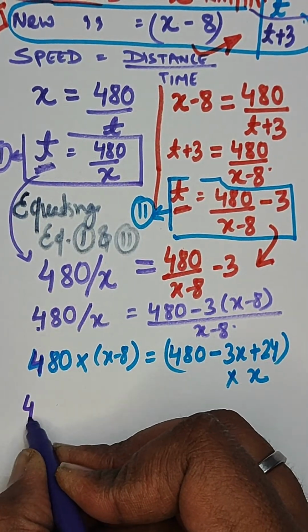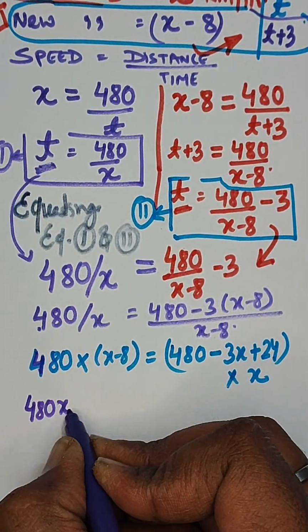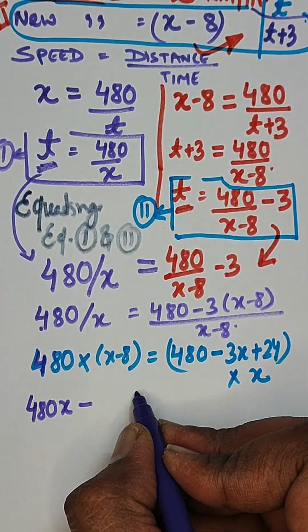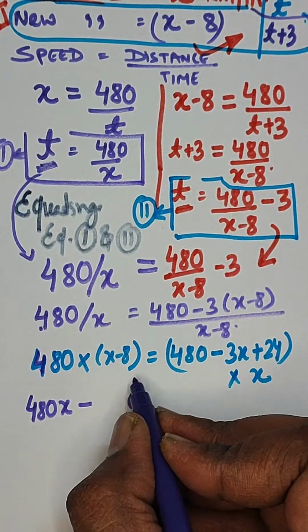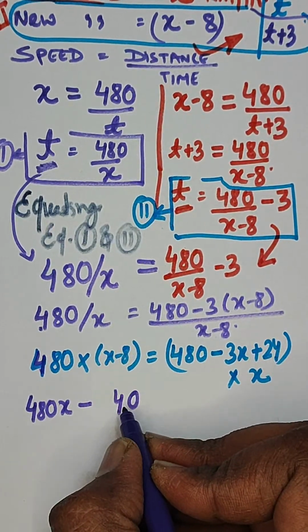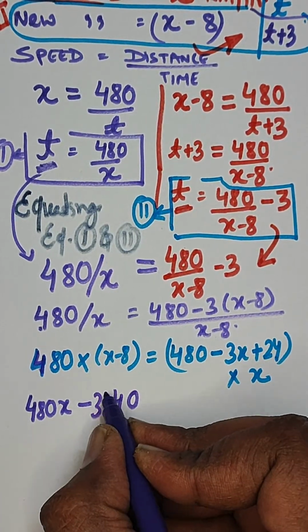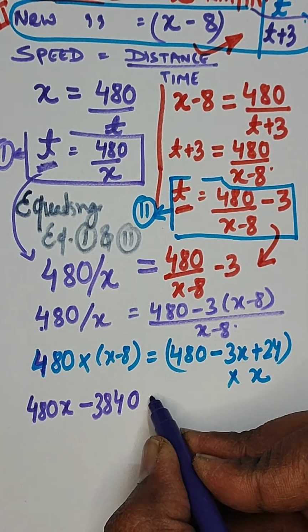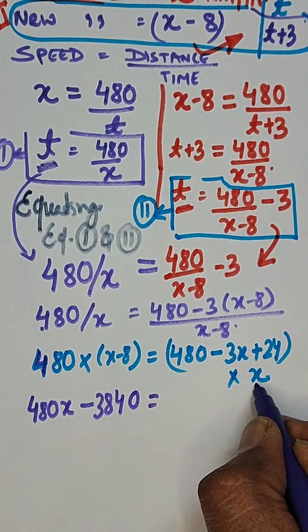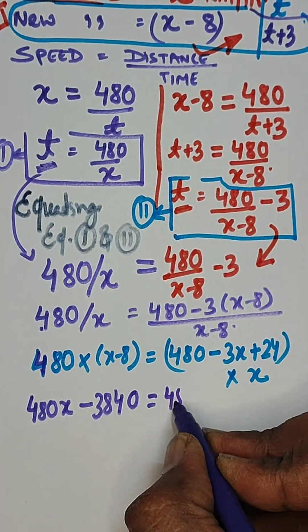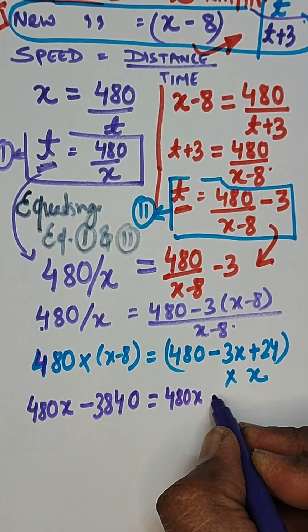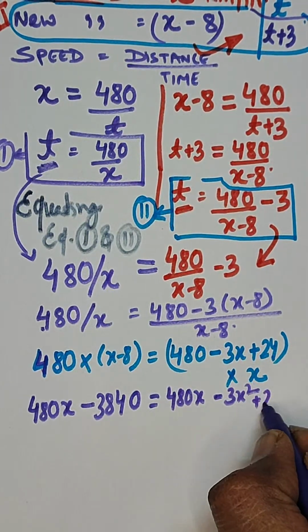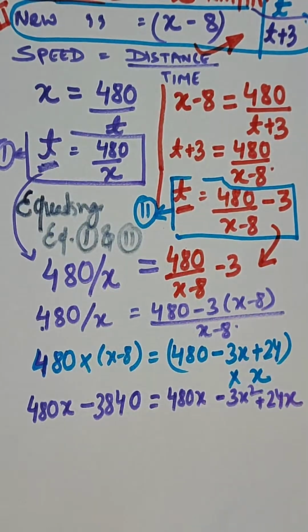480x minus 480 into 8, which can be 3840, is equal to 480 multiplied by x, equal to 480x minus 3x square plus 24x, right?